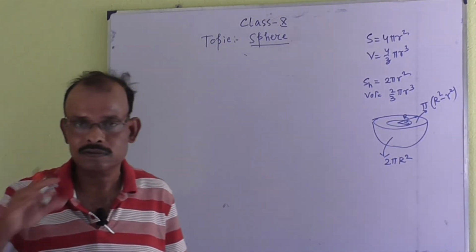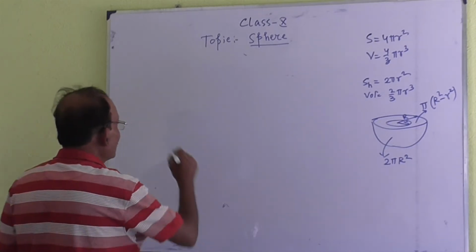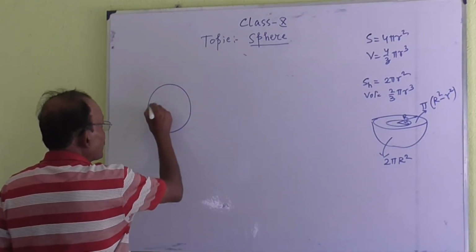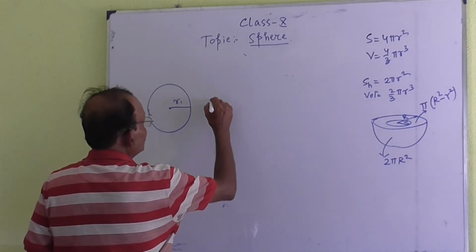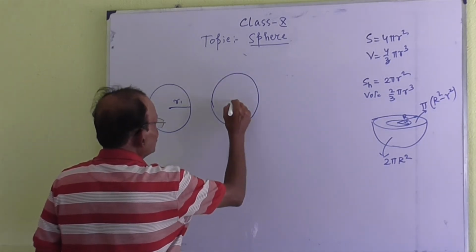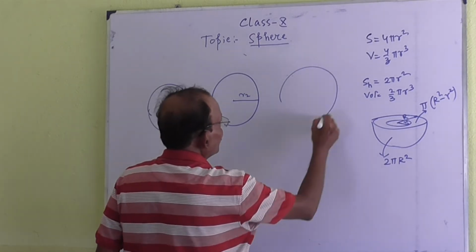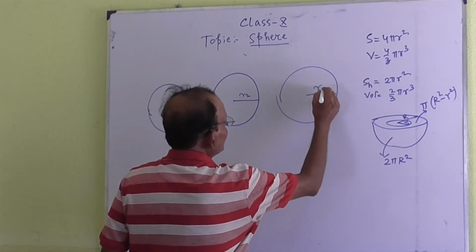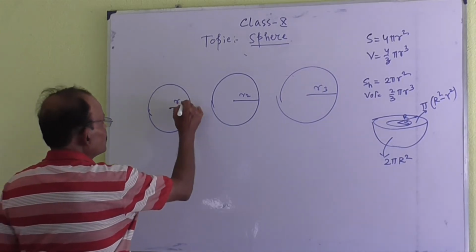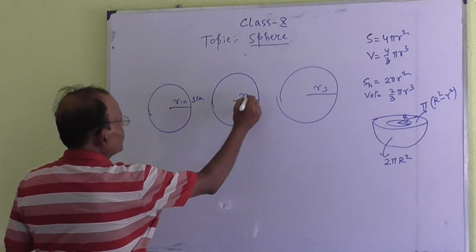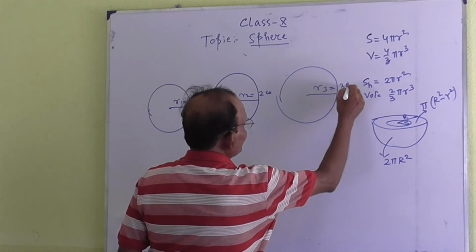Three spheres are to be taken, whose radius is given that R1, R2 and R3. Let us take, this is 1 centimeter, it is 2 centimeter and it is 3 centimeter.